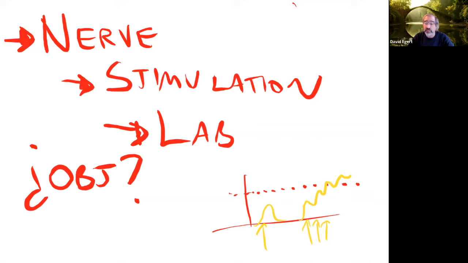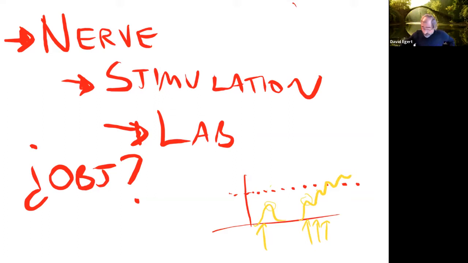So temporal summation would allow you to use a smaller signal if you're repeating it quickly than if you're using a single pulse, in which case you'd have to have a larger magnitude in order to notice that. I think it should feel kind of intuitive if temporal summation makes sense.